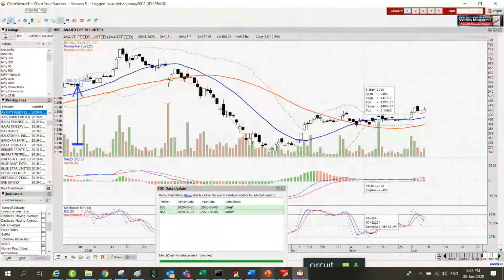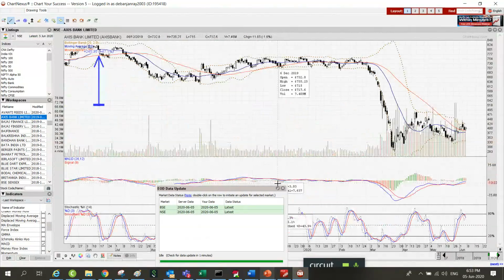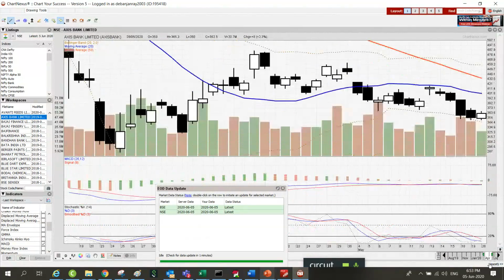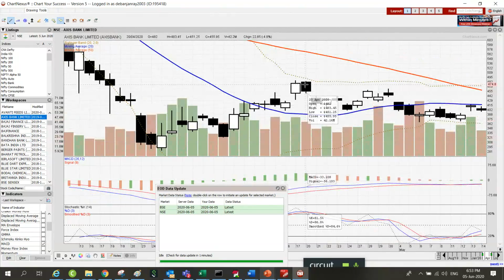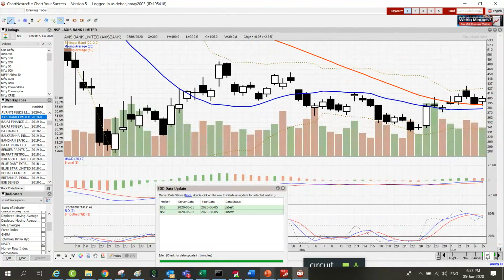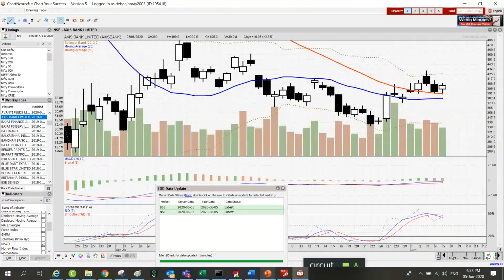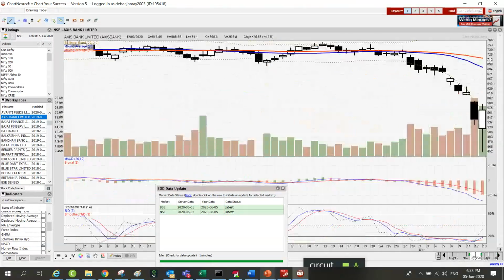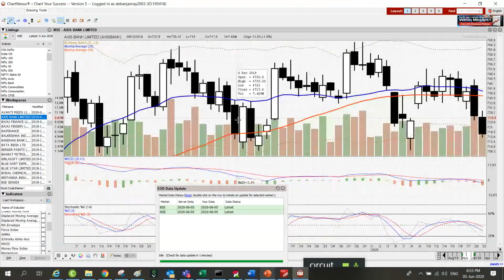Now let me go through several of these things, whether we can find them. Here it almost appeared, but there is a similar pattern. I will name it: it is a dark cloud cover. This name is there, but you will find such patterns very often. This is one of the examples.